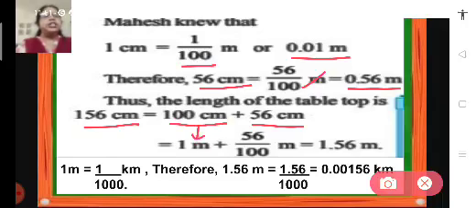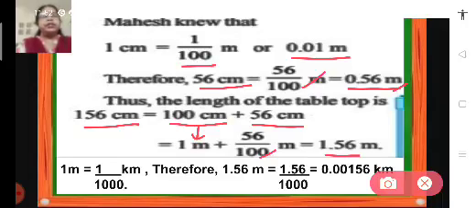So it becomes 1 meter plus 56 upon 100 meters. And 56 upon 100 can be written as 0.56, isn't it? So 1 meter plus 56 upon 100 meters becomes 1.56 meters. So 156 centimeters can be expressed as 1.56 meters.